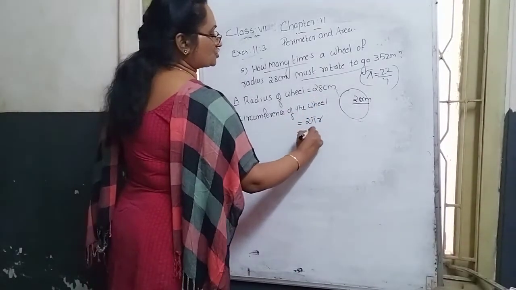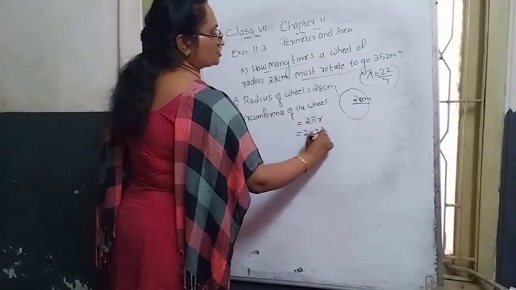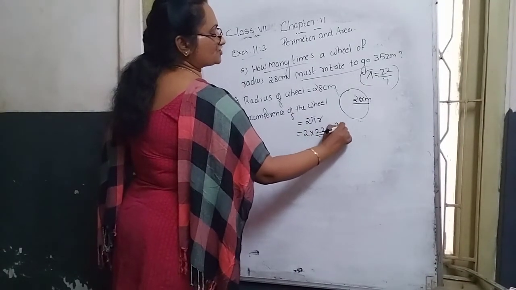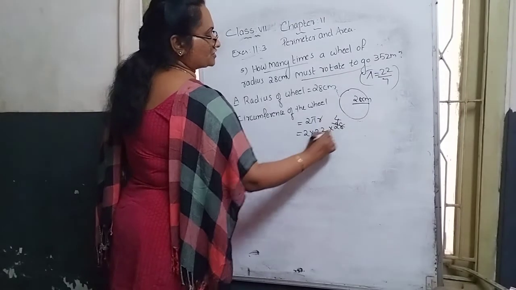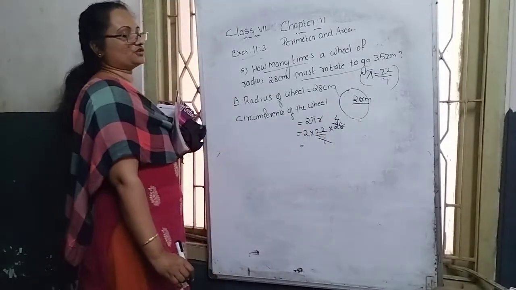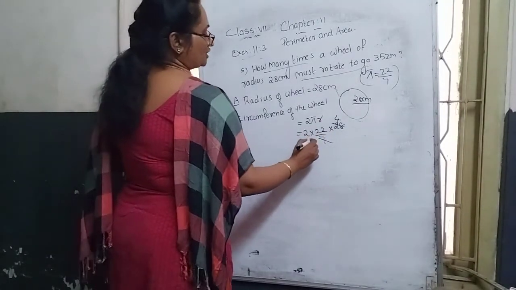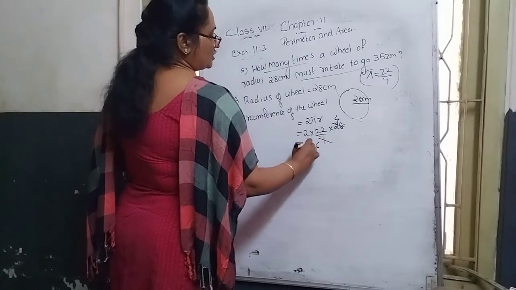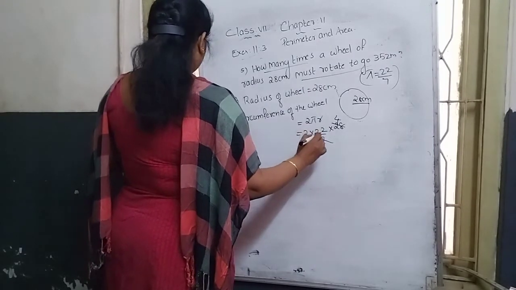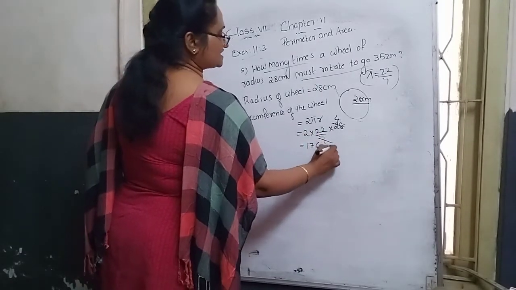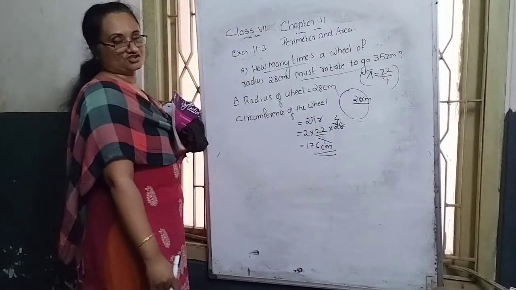Substitute: 2 into 22 by 7 into 28. 7 fours are 28. 2 into 22 is 44. 44 into 4 comes to 176. So 176 centimeter is the circumference of the wheel.